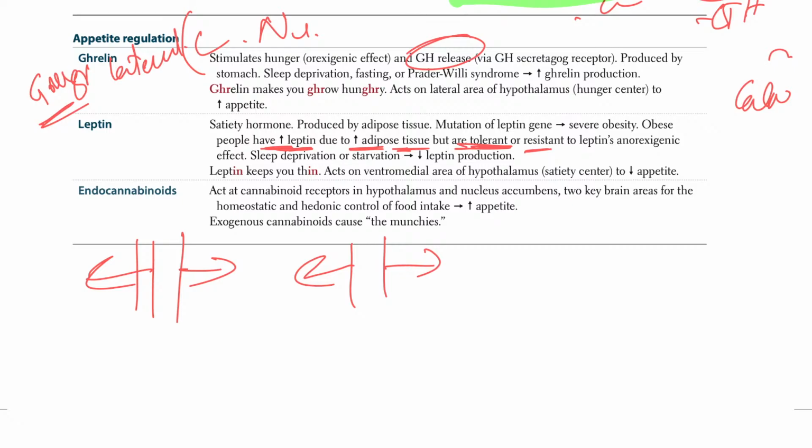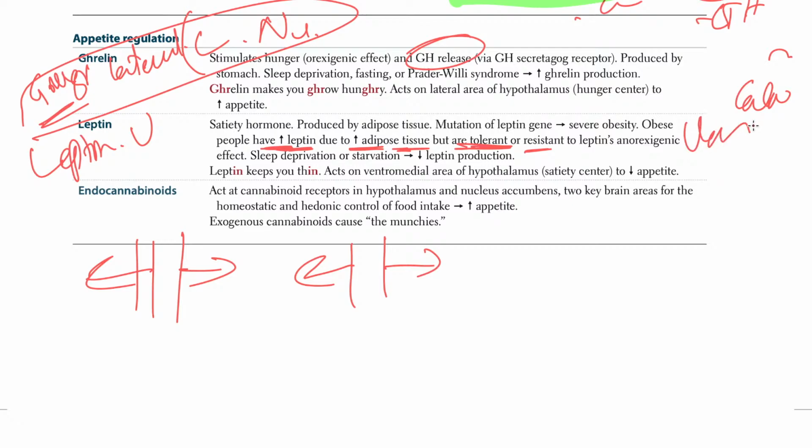And the mnemonic for leptin is that leptin is going to decrease the appetite, so it regresses medially, which is VM. So if you know the first one, the other one you just know is ventromedial.